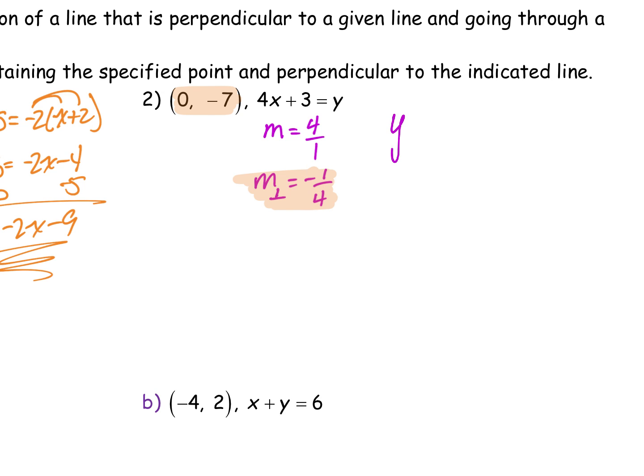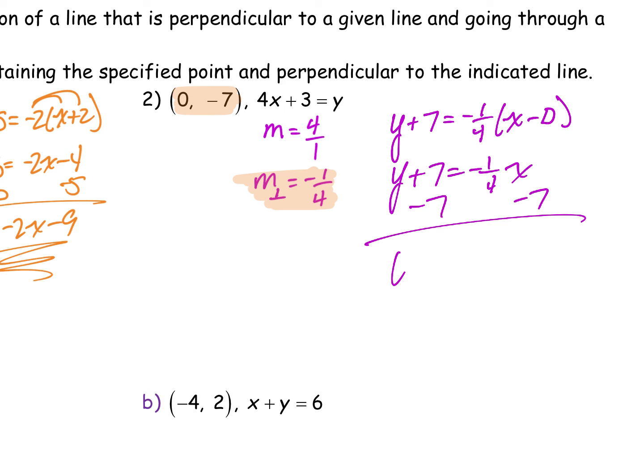So I've got y plus 7 equals -1/4 times x minus 0, plus 7 equals -1/4 x minus 7. Y equals -1/4 x minus 7.